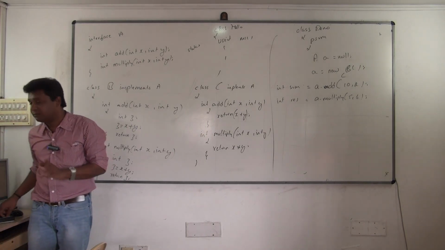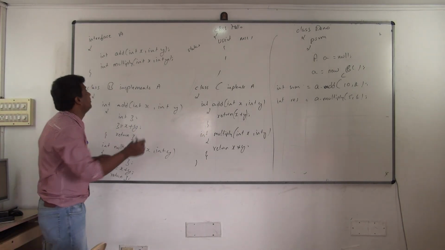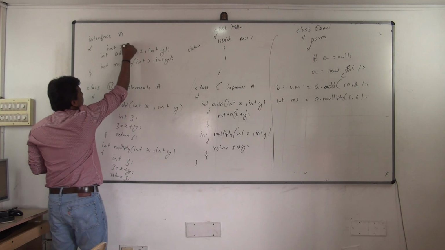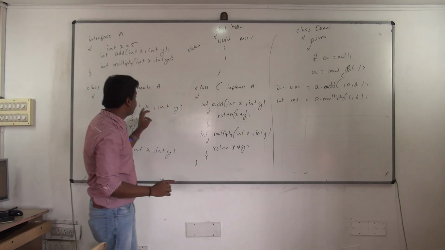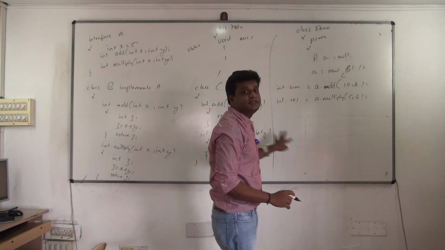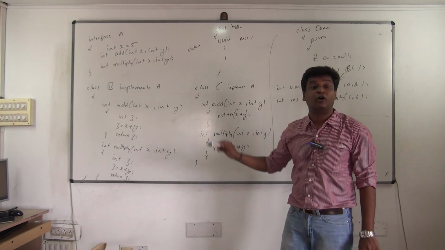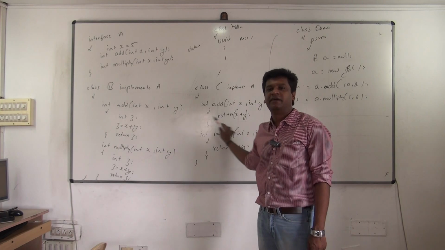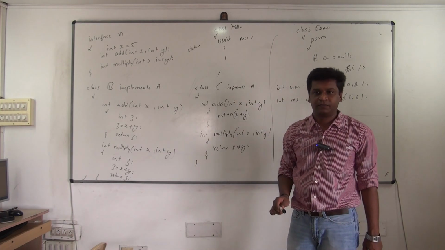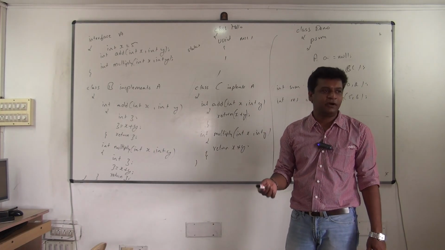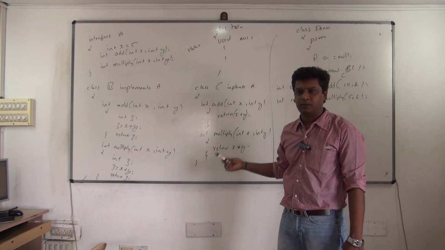Now by chance, I am adding it just to make you understand. If I have one static variable here, now phi is available to B also, C also. If you are having one variable, it will be available to all the classes implementing that interface. And you know how to access it now? B.x possible, C.x also possible.